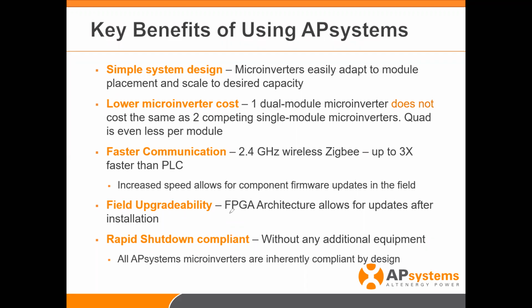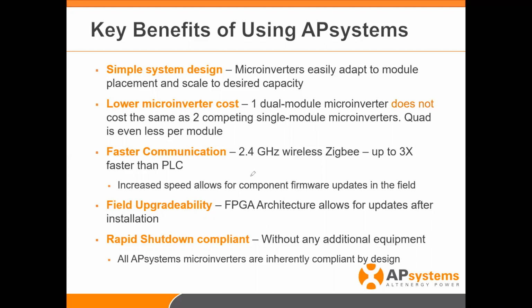To do that over wireline PLC would be very slow. Some competing products still utilize that technology, but we decided to kick ours up to the wireless Zigbee mesh network. It's up to 3 times faster than PLC, and so that field upgradability is a huge advantage, and the built-in rapid shutdown compliance is also another tremendous advantage.